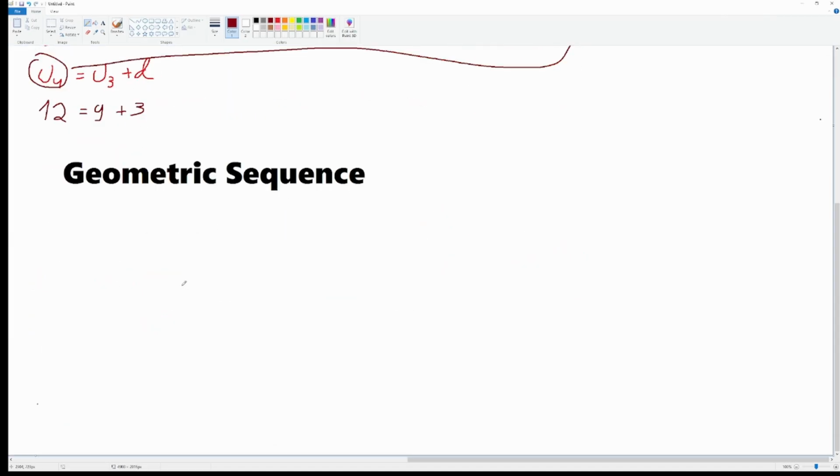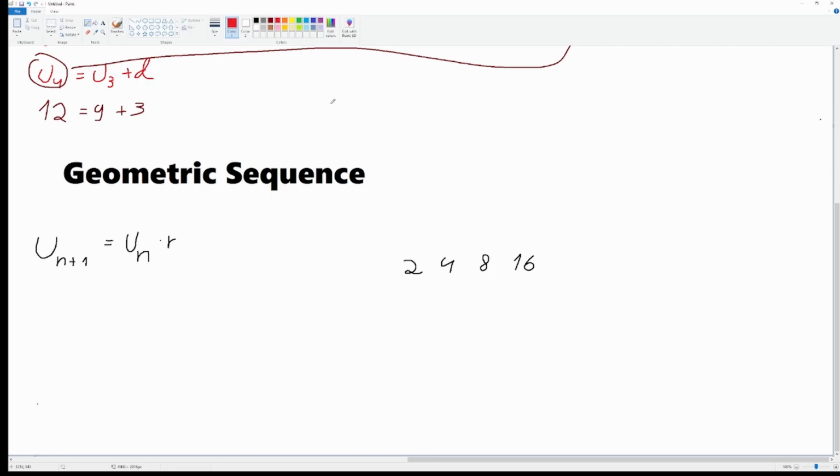The geometric sequence is definitely more difficult, and the formula goes u(n+1) is equal to u(n) times r. So let's take a pile of numbers as well here: 2, 4, 8, 16.